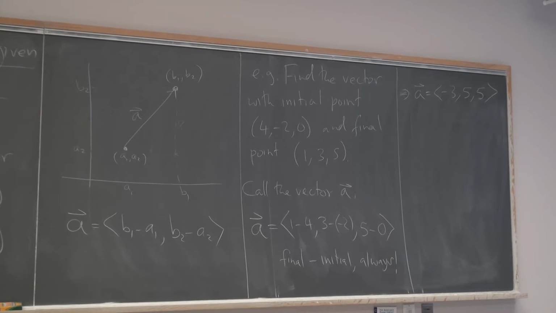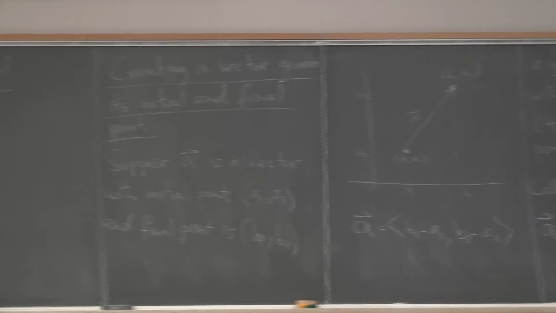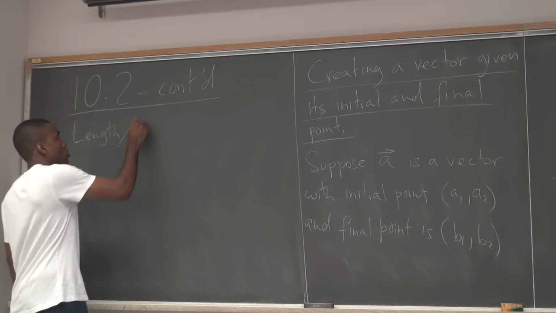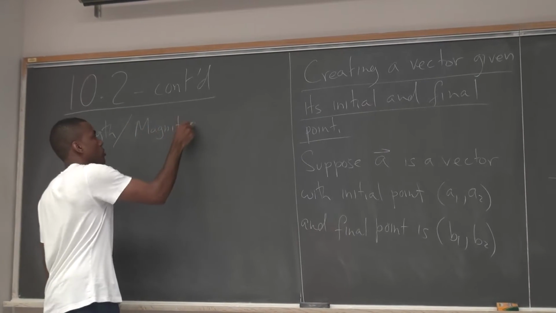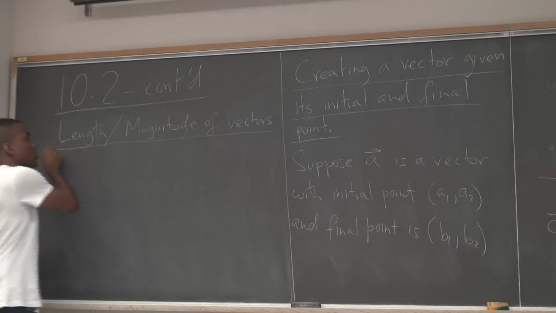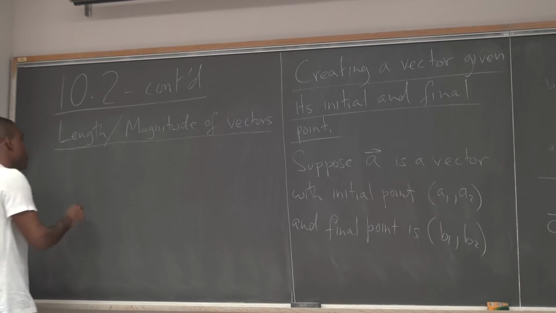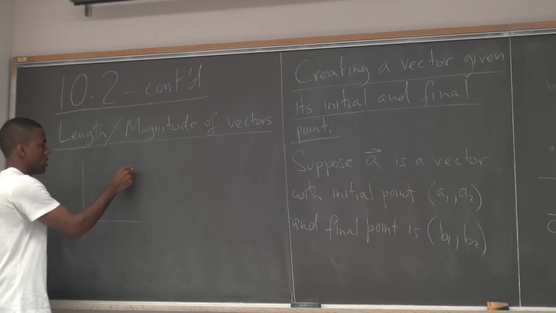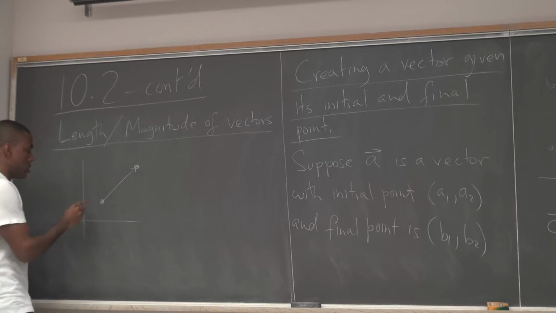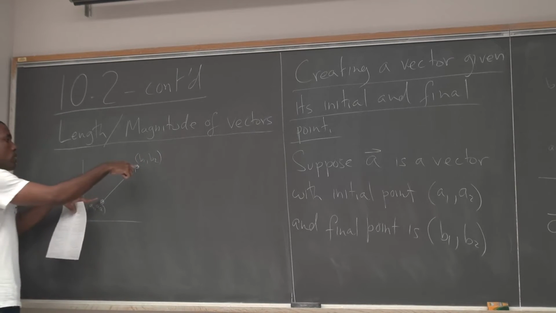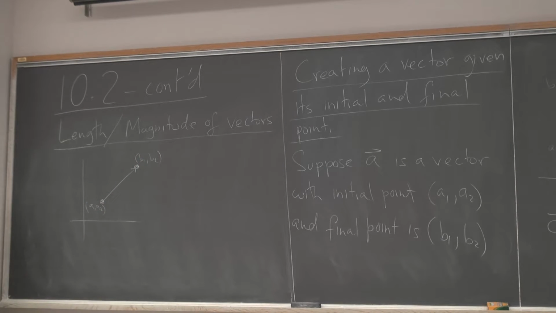What else do I have to tell you? Let's talk about length. Length, another word for it is magnitude. So let's say I had a vector here, starts at A1, A2, goes up to B1, B2. How do I figure out the size of this, the length? The distance formula.